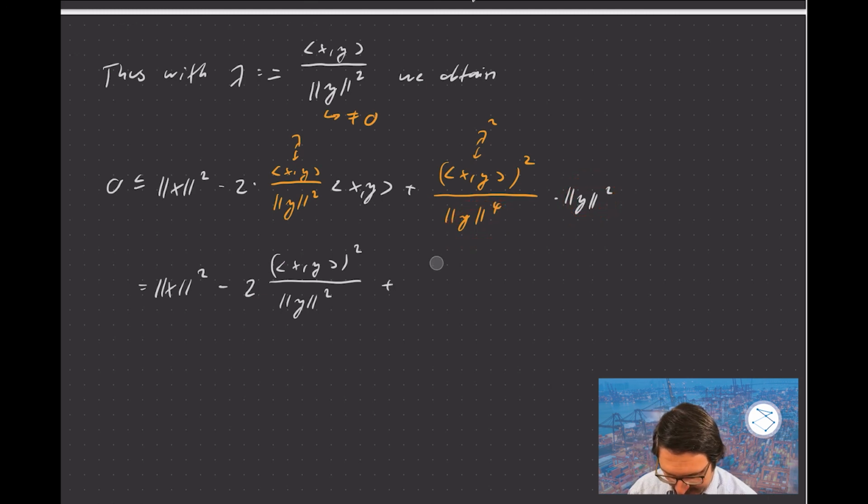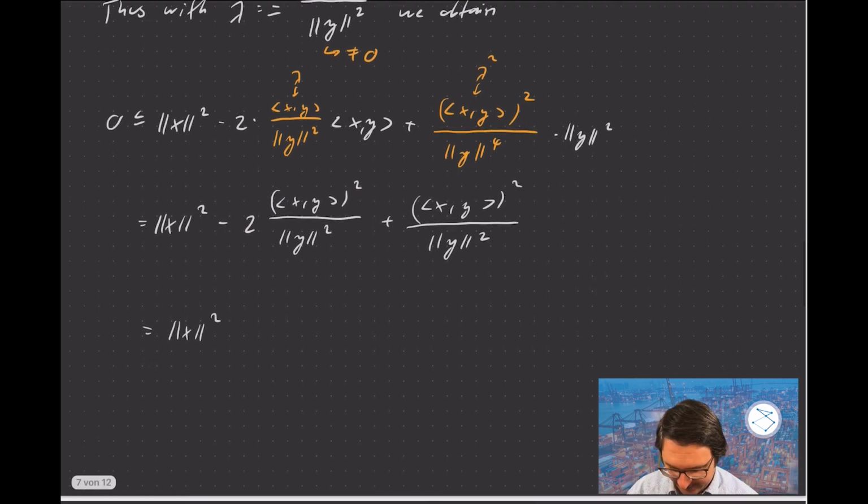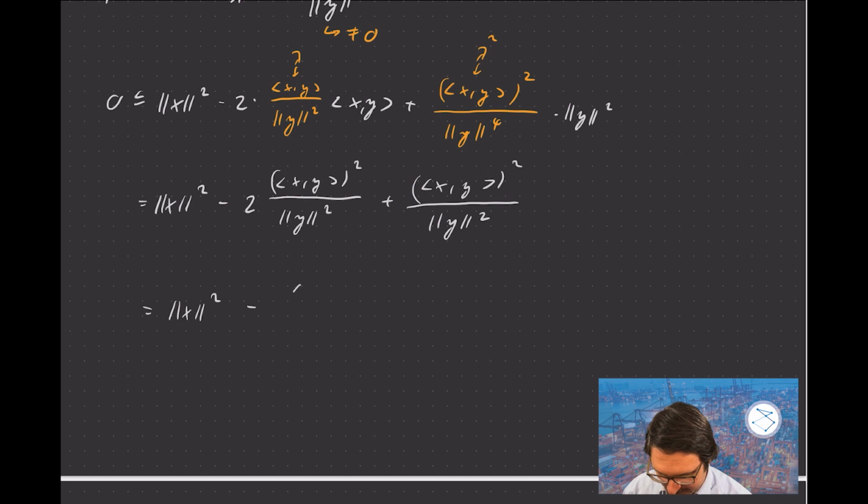So we get the scalar product of x and y squared over the norm of y squared. And now you can see this expression here is the same as this one. So we can simplify a little more, and we have x norm squared minus just 1 times this expression here, scalar product squared over y norm squared.